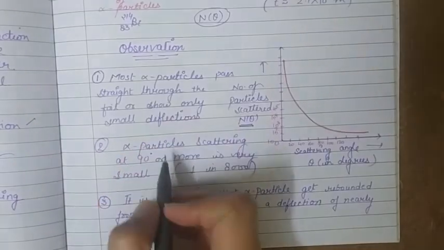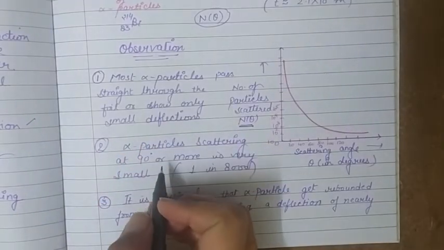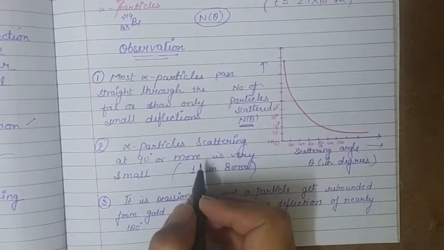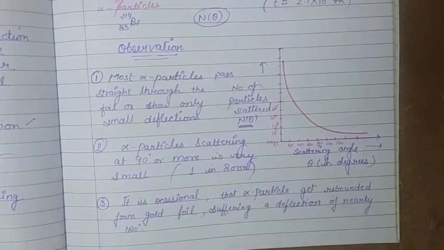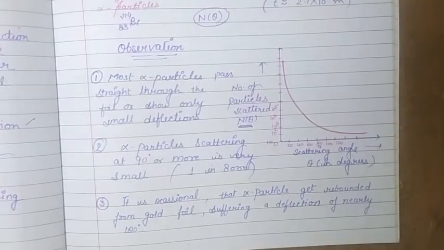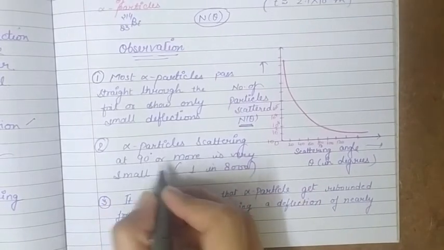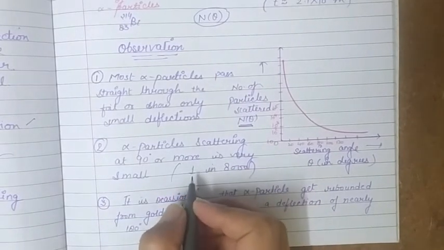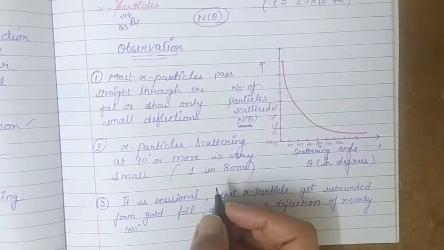Okay, after that, the number of alpha particles that are scattering at 90 degrees or more is very small, almost 1 in 8000. So the number of alpha particles that show scattering at 90 degrees or more is about 1 in 8000, or it is very small.